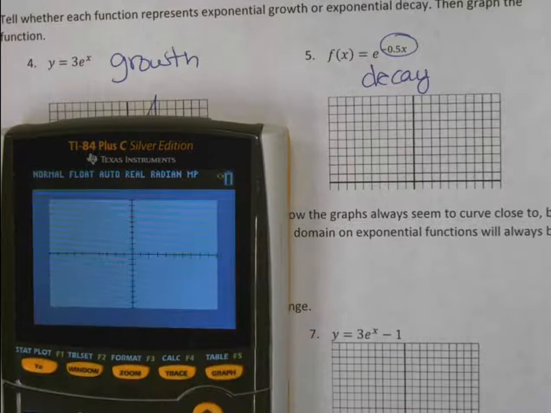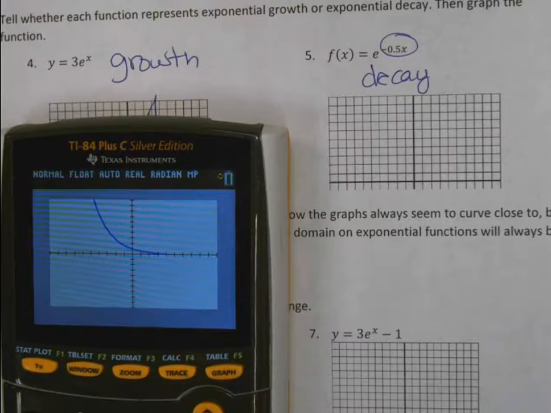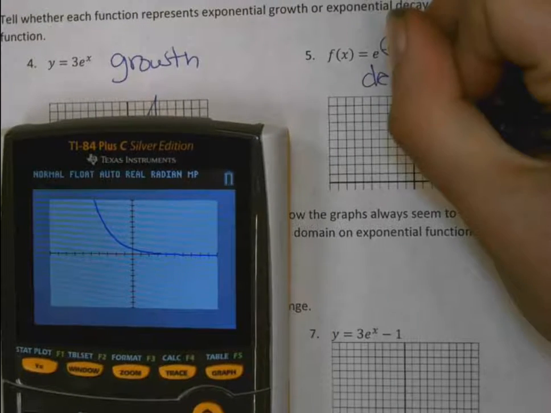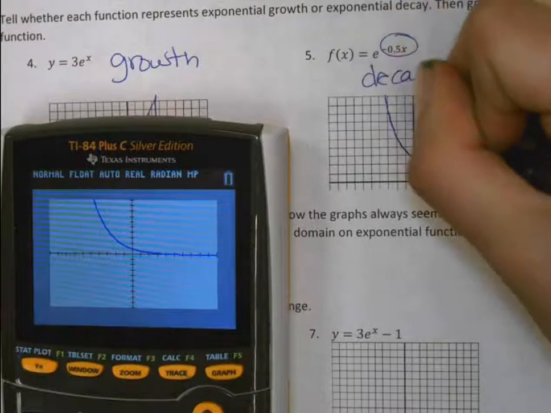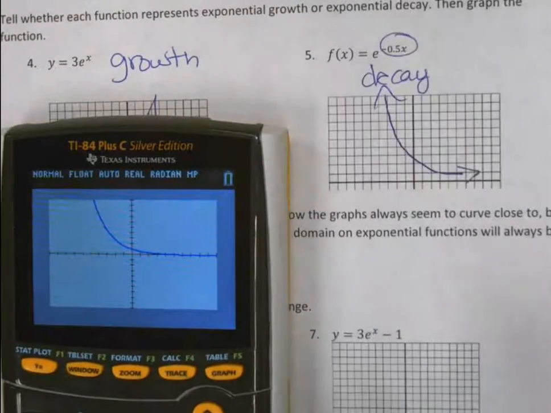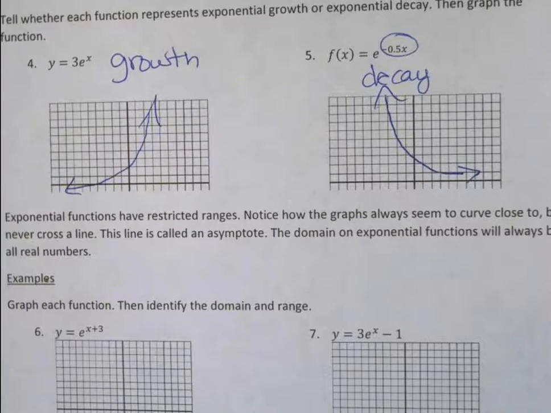And then I go and graph it. No, you don't have to put zeros before decimals. Okay, so questions on these two? Growth and decay.